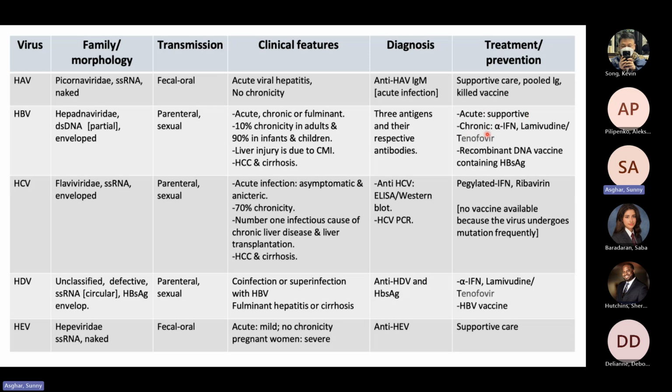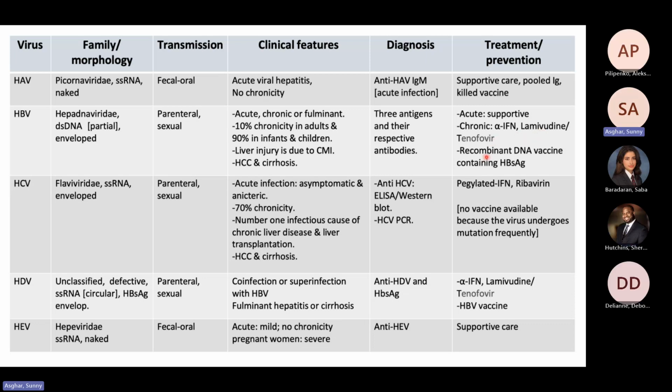If it's chronic, then you use alpha IFN and antiviral treatments, and then you're also going to be using a vaccine containing your HB surface antigen. Remember, this was in the chart.